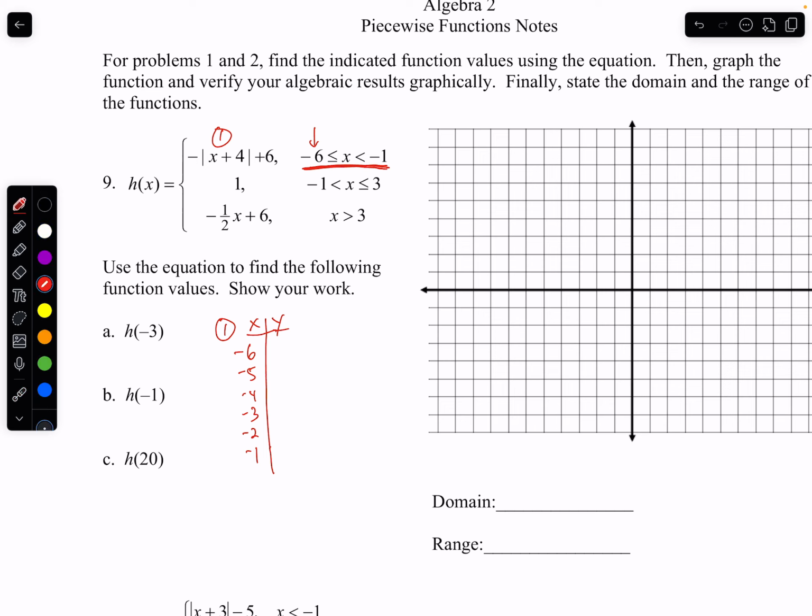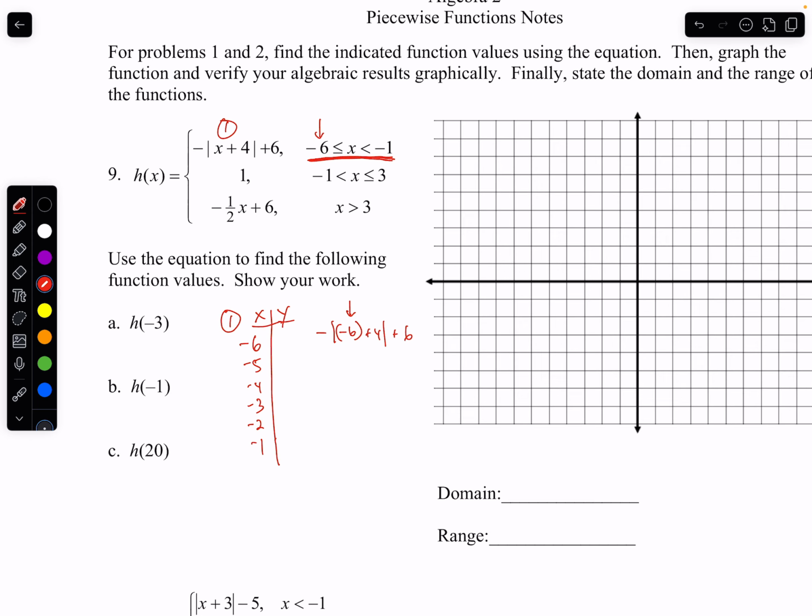So for -6, I'm going to get negative absolute value of -6 plus 4 plus 6. And you have to use the parentheses when you plug in the value. It's just helpful. A lot of you just ignore that, and you make mistakes. I'm going to remind you, you don't always make mistakes, but sometimes you make mistakes. And I think the parentheses can help with that. So I'm going to remind you to use the parentheses.